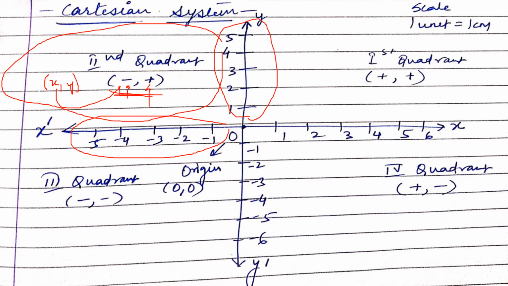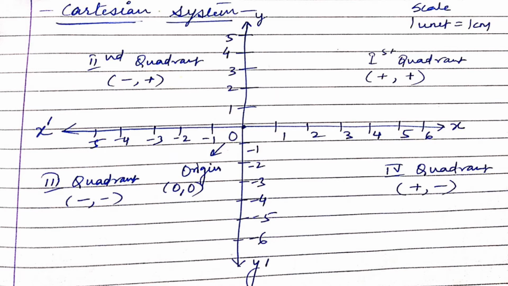Now the third quadrant. You can observe here that x, the first part of the ordered pair, is negative and y is also always negative. That is why in this case both coordinates are negative. Okay. In the last quadrant, we see the same thing: here x is always positive, but y is always negative.